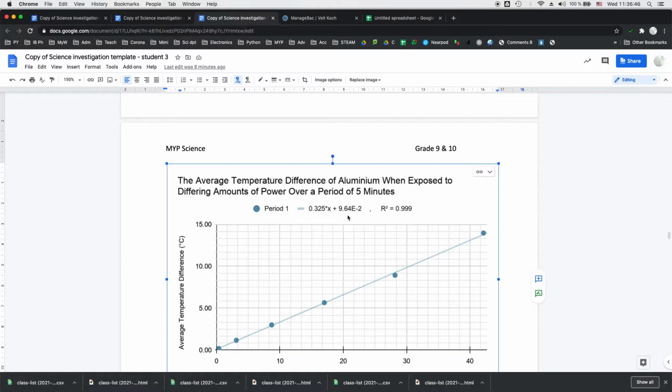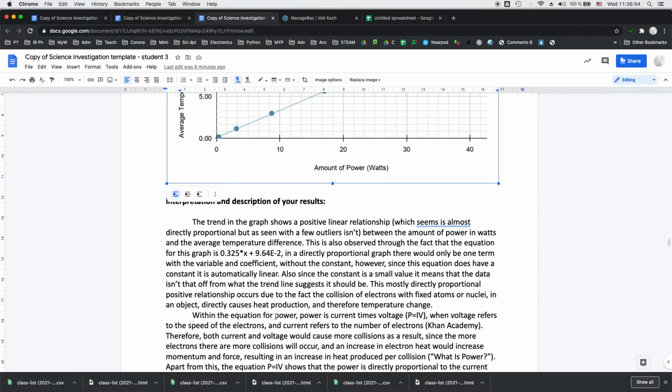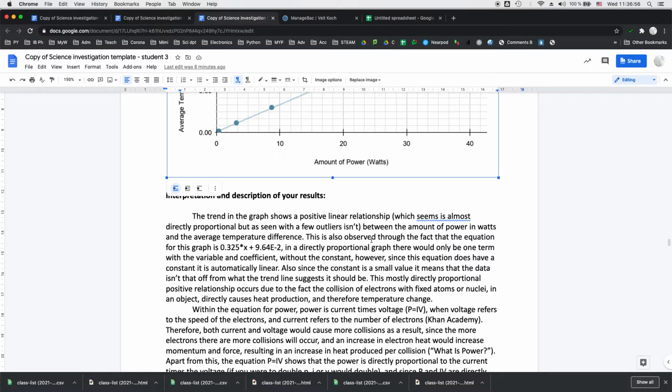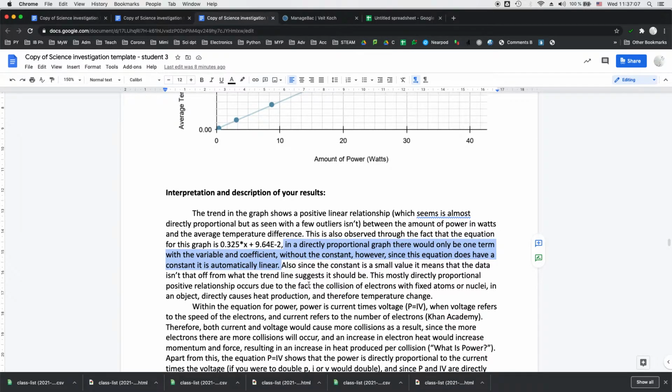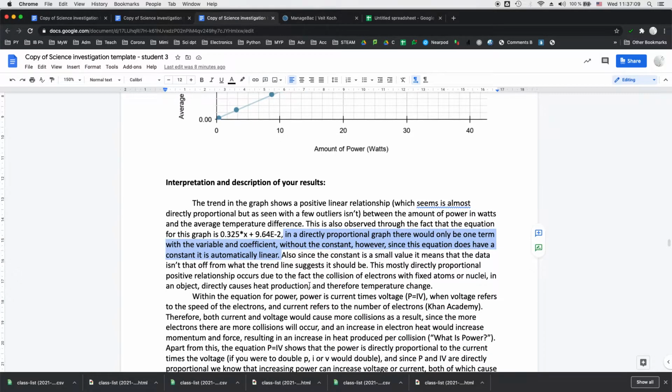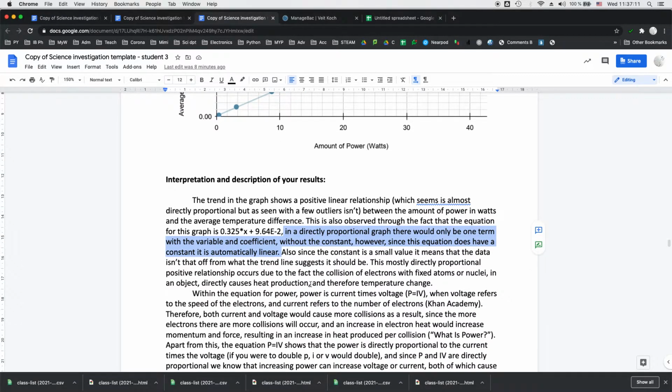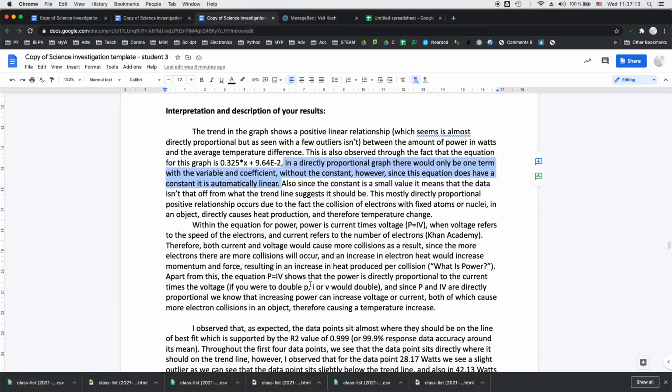That means 0.0964, and on this scale here, that would actually be very close to 0. Okay, and there's a comment in here on this fact, so that it's quite close to being directly proportional.